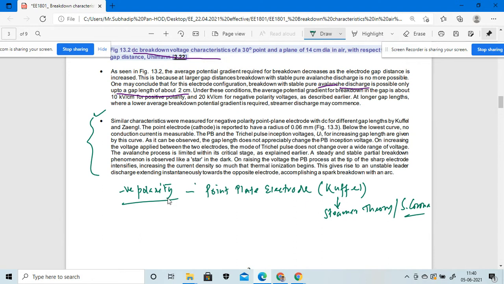If we consider the point plate electrodes, it is reported to have a particular radius, del R, of 0.66 mm.